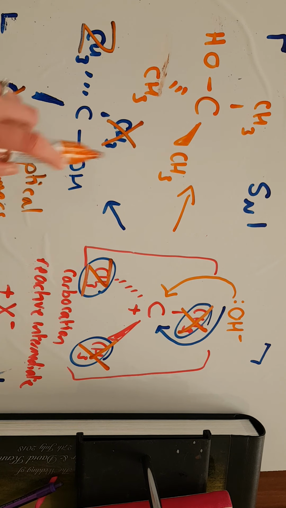Okay, so do look out for that. They love to ask questions where it starts off with a nucleophilic substitution reaction, and then it goes into talking about isomers, optical activity, and so on.